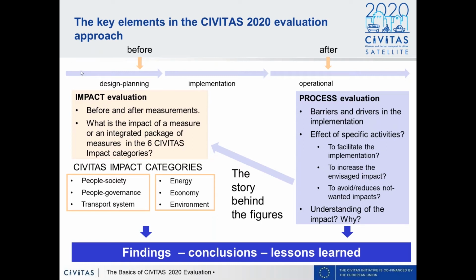Yeah, you're right. I realize now nobody said that to me. Because indeed the upper part of the slide is really before and after, just to say what's happening. But of course, impact evaluation, and I'm coming back to that in a minute, is a before situation and an after situation. So impact is really after also.